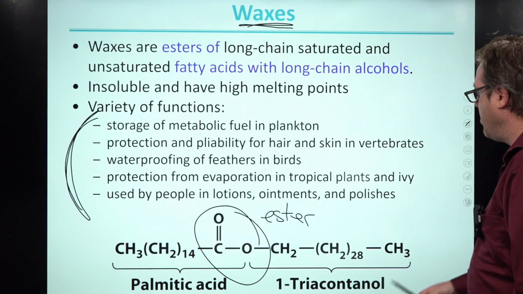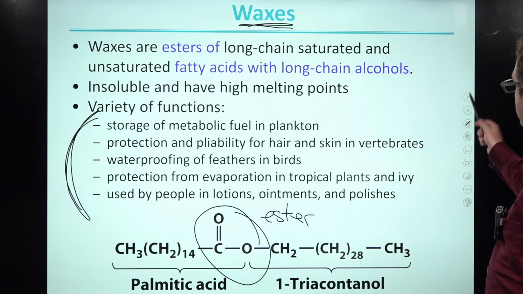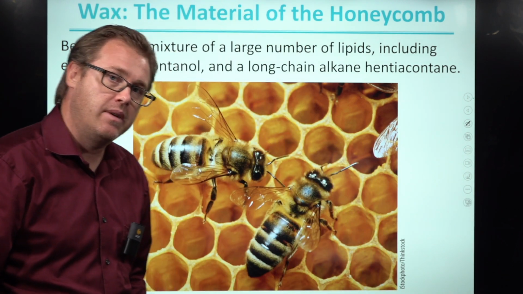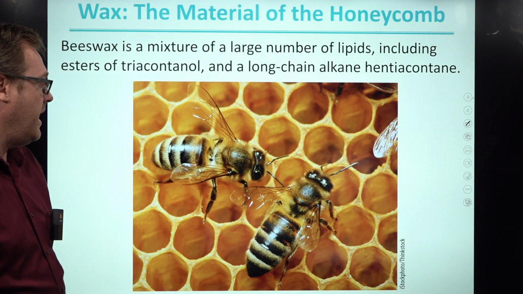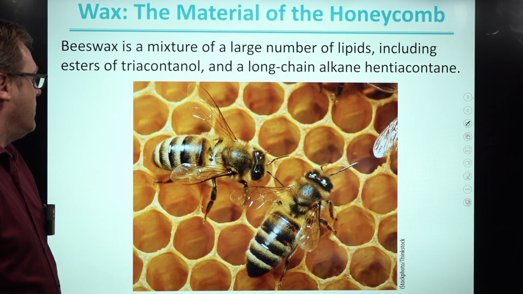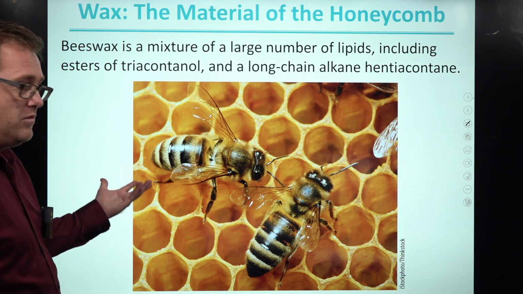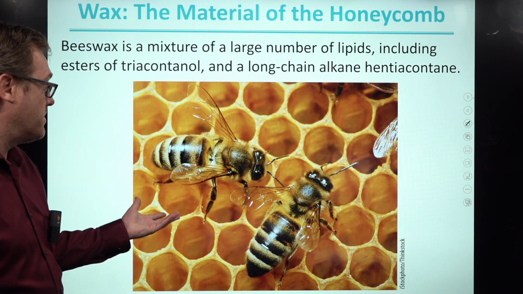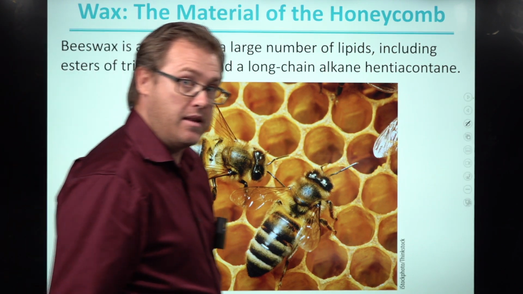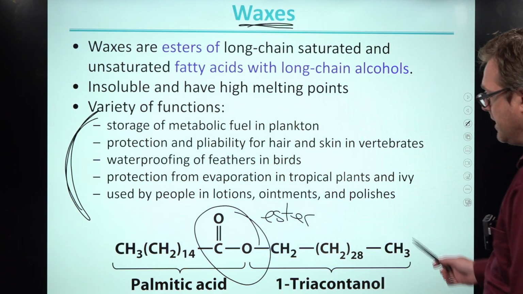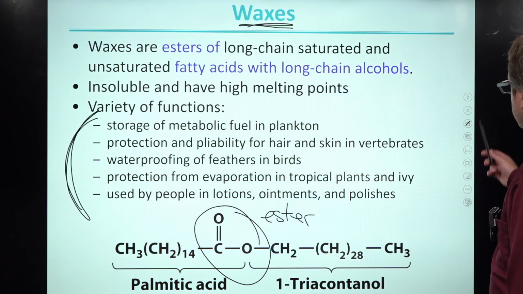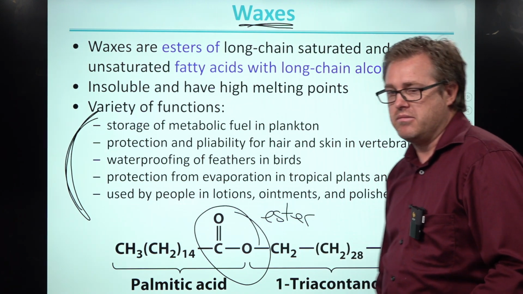But one thing that I can relate to, I grew up around bees. We had a beehive where we harvested the honey. And so, yeah, bees make the wax for their honeycombs, and the structure of that wax comes from molecules that look like this.